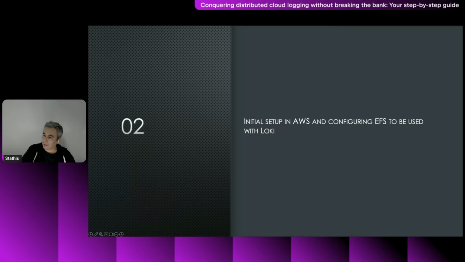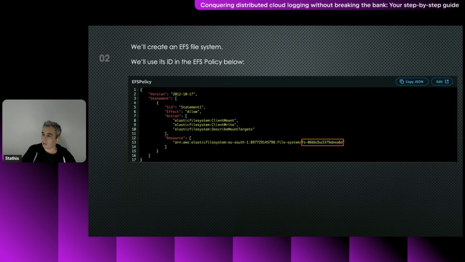And let's start implementing our solution. We need to deal with some policies and configurations now, so we don't run into issues later in the process. They are quite a lot, but they are necessary. So we create the EFS from the AWS console, then we go straight to IAM to create the policy.